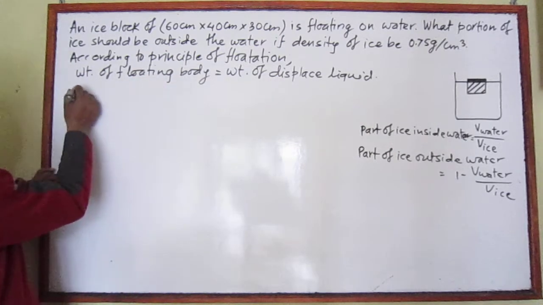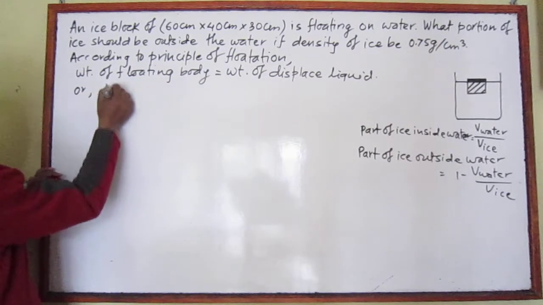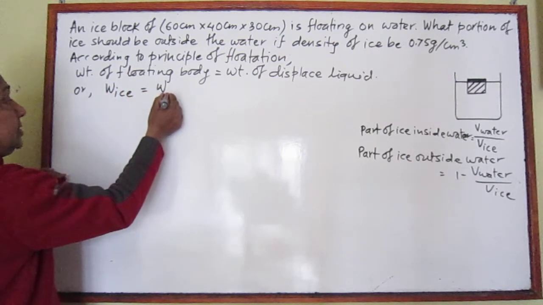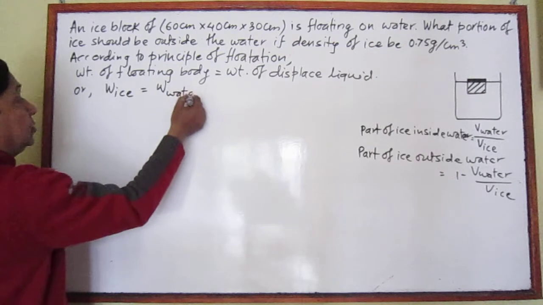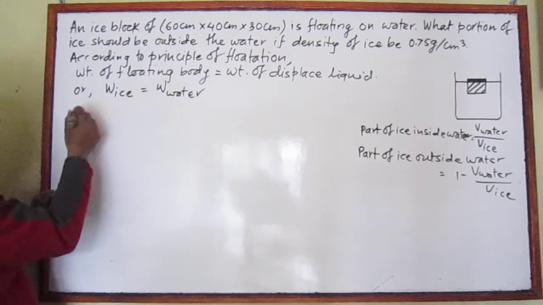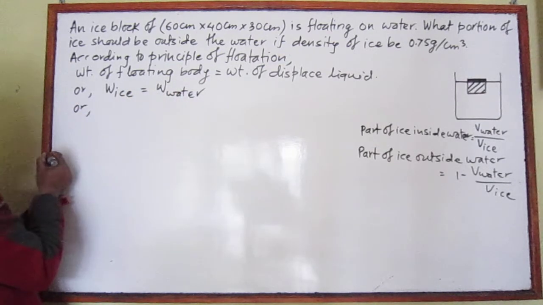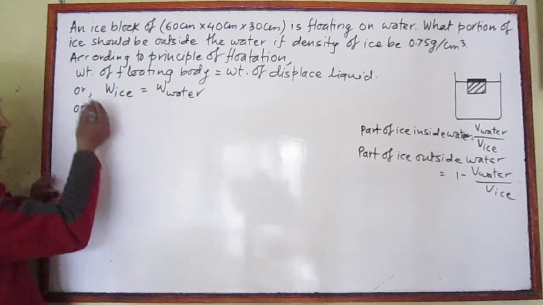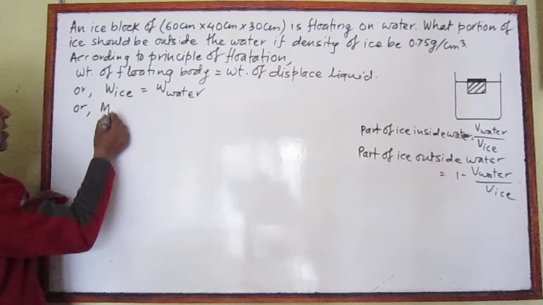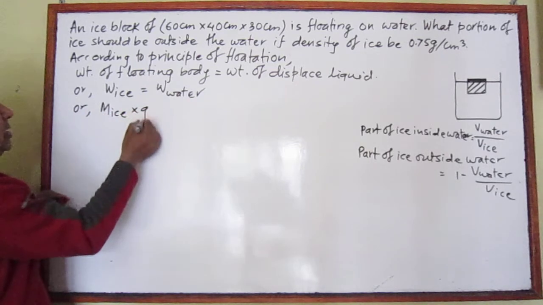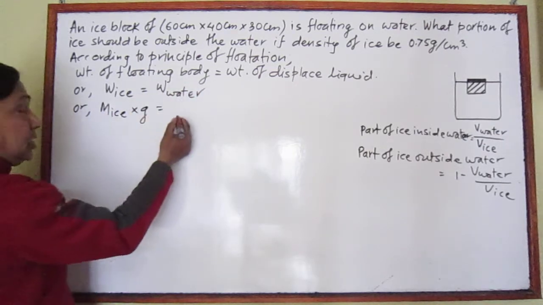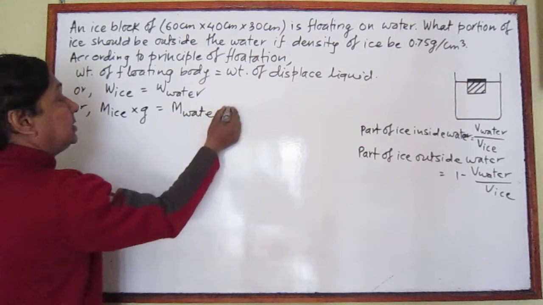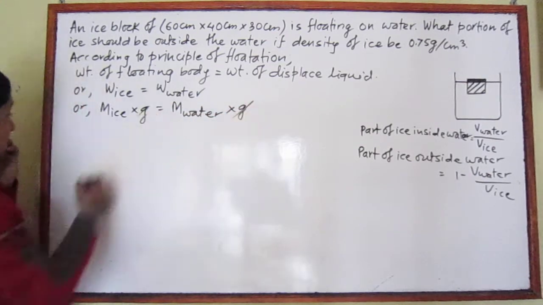Symbolically, the weight of ice is equal to the weight of displaced water. W equals mg, weight equals m into g, mass into acceleration due to gravity. That's why the weight of ice can be written as mass of ice into g, equal to the weight of displaced water, which can be written as mass of displaced water into g, and g cancels.